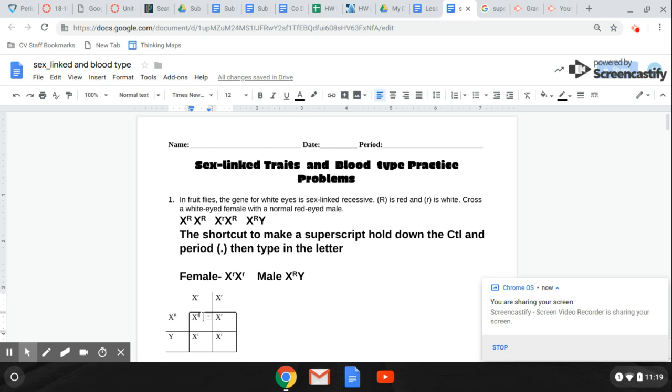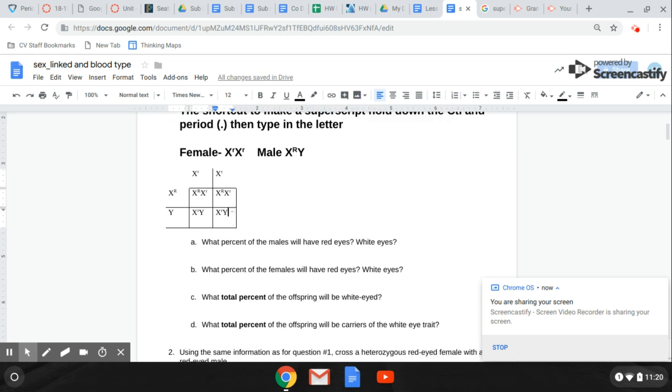So I'm going to put that right there, and I'm going to put this right here. Okay, and then I'm also going to pass down a Y chromosome. So I'm going to add in that Y on each side. And I have this. So that is my completed Punnett square.